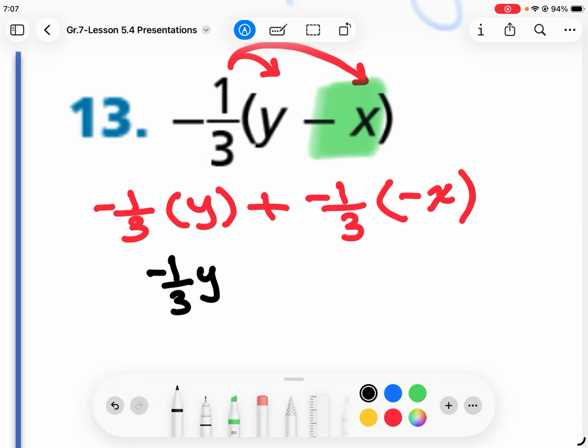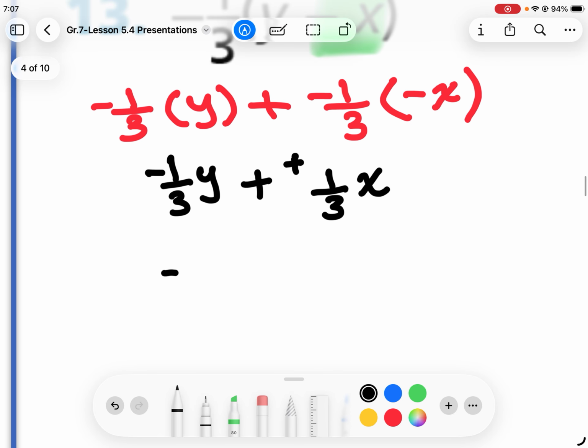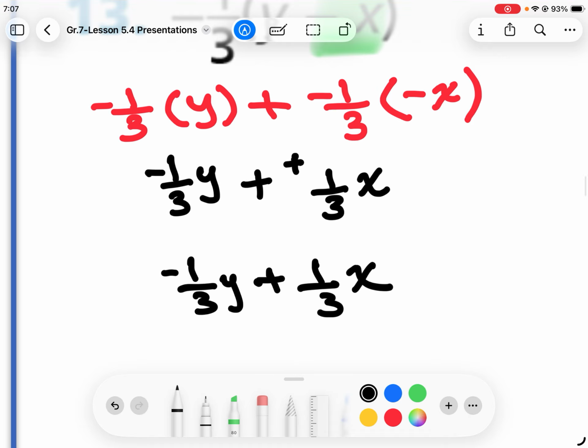Plus, always keep it. Okay, negative 1/3 times negative x. We all know that negative times negative is a positive. 1/3 times x will be 1/3 of x. So your final answer will be negative 1/3 y plus 1/3 x, and that's it.